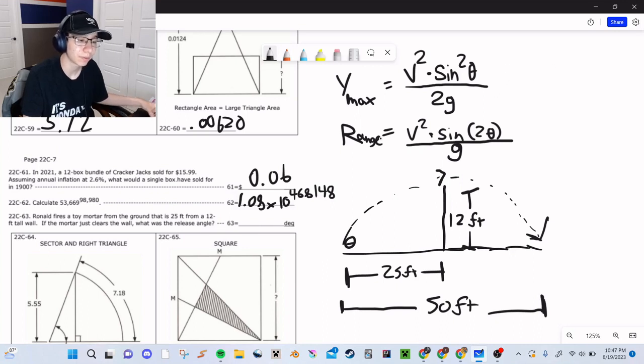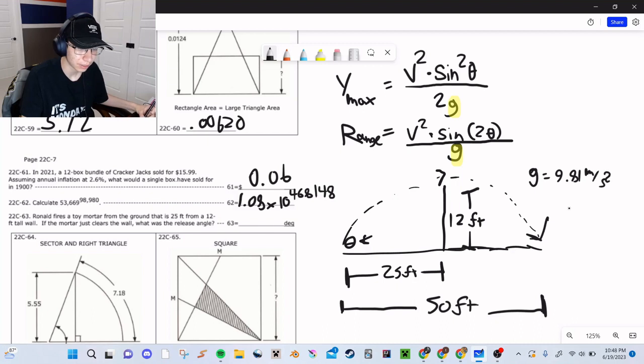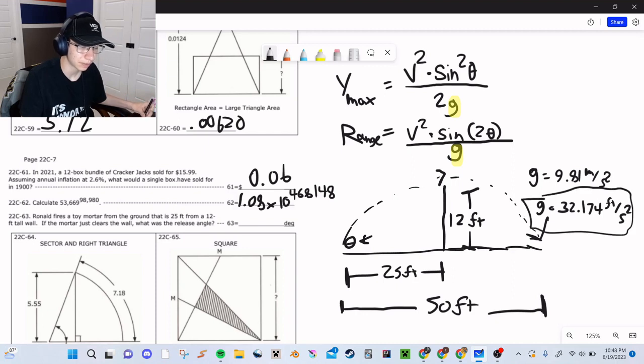What are all these variables? Theta is your release angle, v is your velocity, and g is your gravitational constant. On Earth, g is, in the 2 ways they'll ask, 9.81 meters per second squared, or, the same value, 32.174 feet per second squared. In this case, because we're dealing with units of feet, we're going to use the 32.174. So you've got to memorize these. Memorize them.